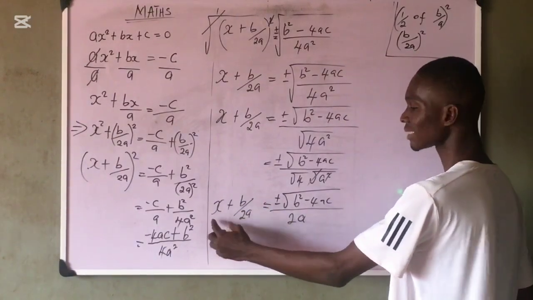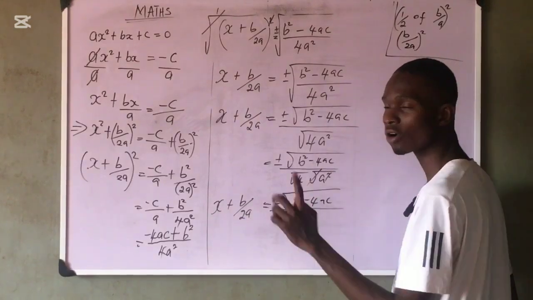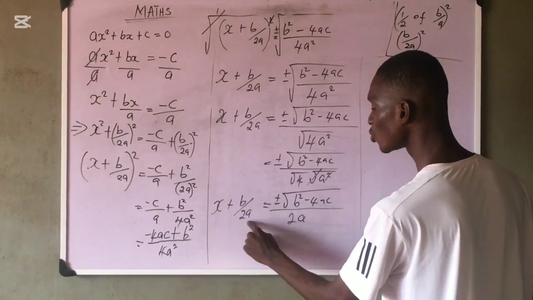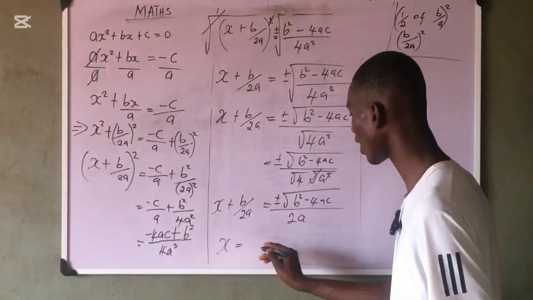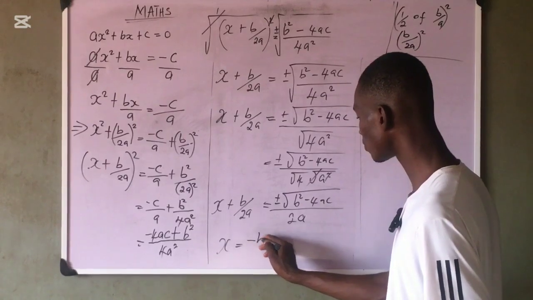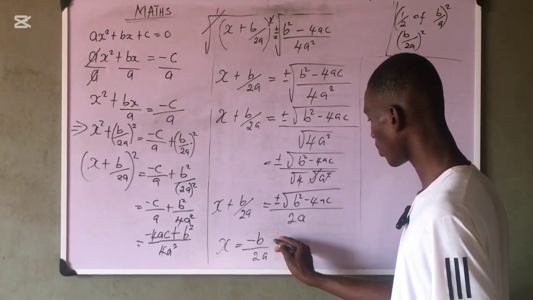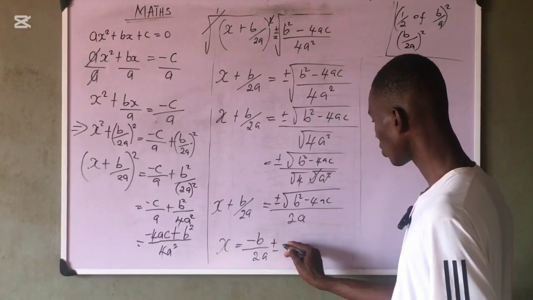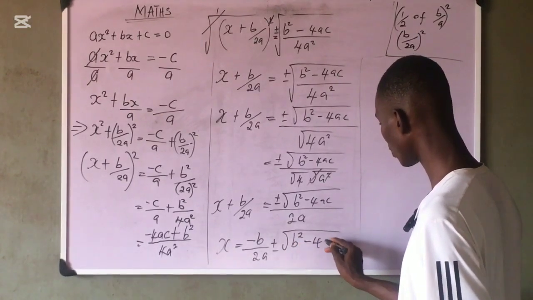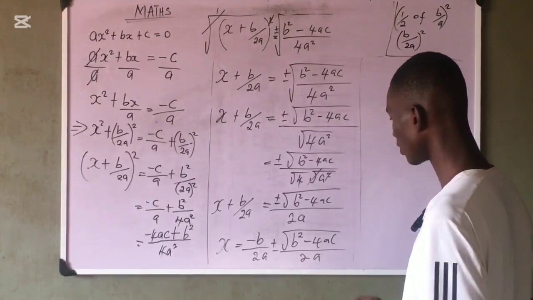Remember that at this point, these two are separated by plus, so I will collect like terms. To have b over 2a cross the equality sign, I will have x equal to minus b over 2a plus or minus square root of b squared minus 4ac all over 2a.